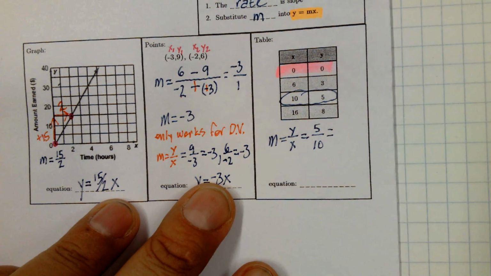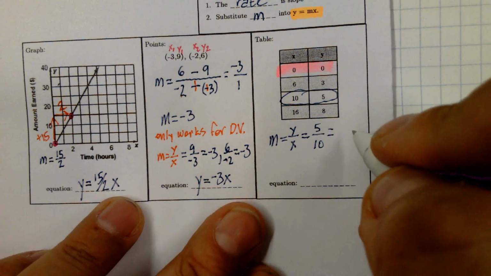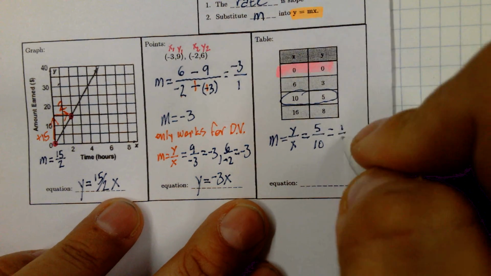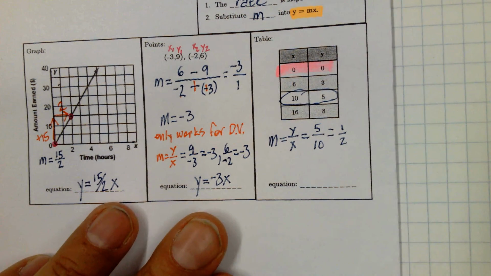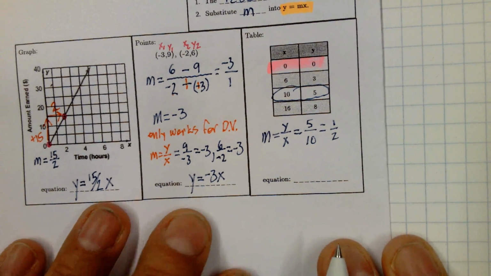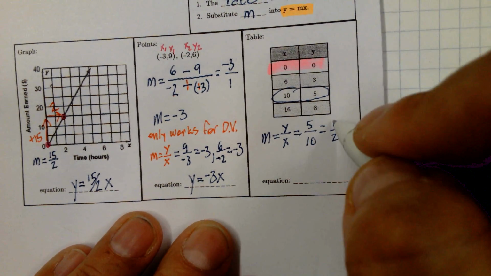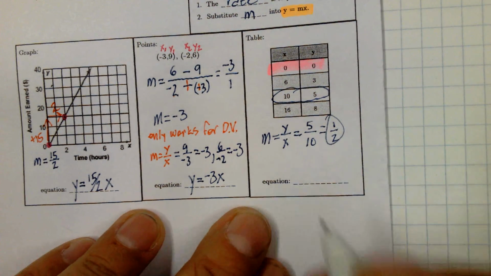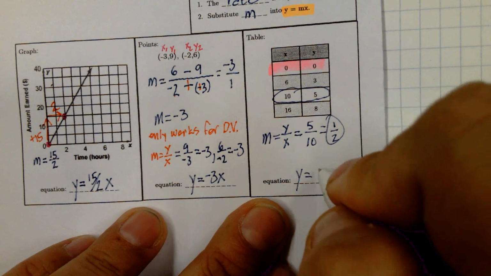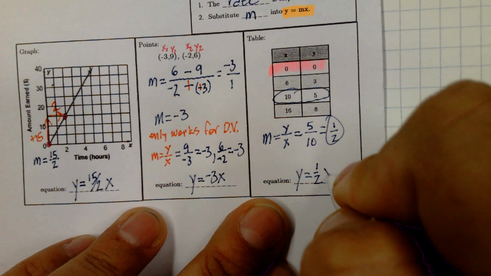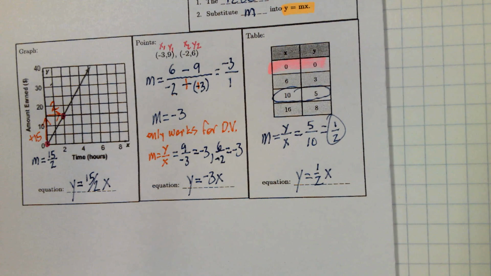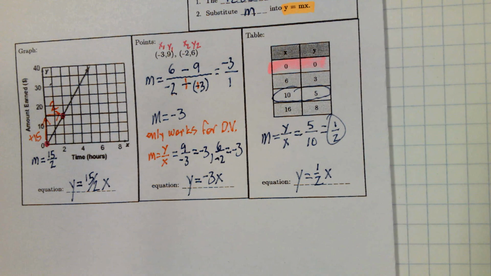What's 5/10 reduced? It reduces to 1/2. Divide 5 on each side. So now I can write my equation. Okay, I got my slope, 1/2. Y equals 1/2 x. Okay. Any questions? And all of this works because you know it's a direct variation.